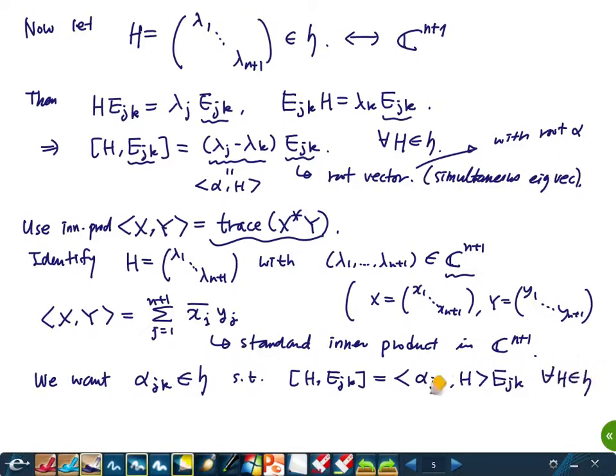Because that's the definition of a root vector. But we want this to be lambda j minus lambda k.